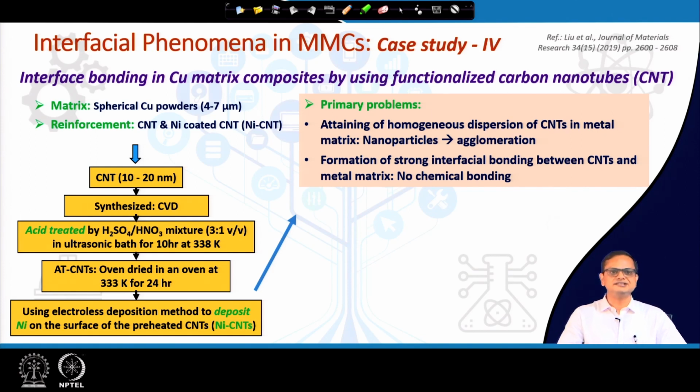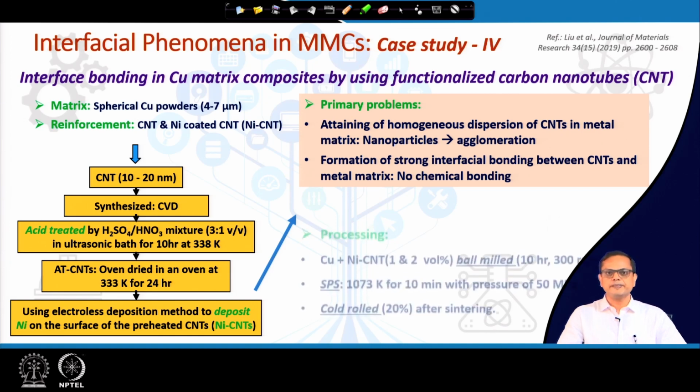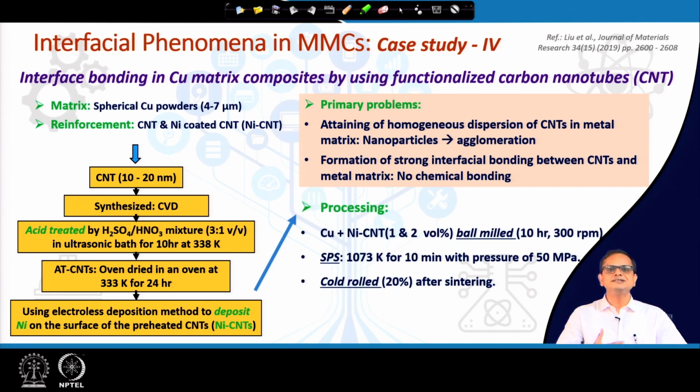So, now once this CNT has been prepared, which they are calling nickel CNT, next it has been mixed with copper particles by ball milling, and then this powder mixture has been sintered by a special technique called spark plasma sintering. It is an advanced sintering technique. In one of my last classes, I mentioned a little bit about spark plasma sintering.